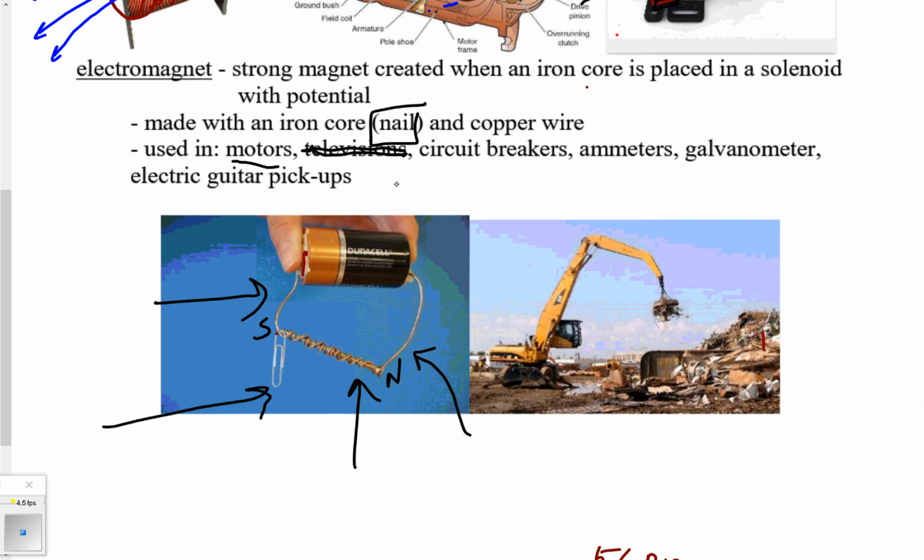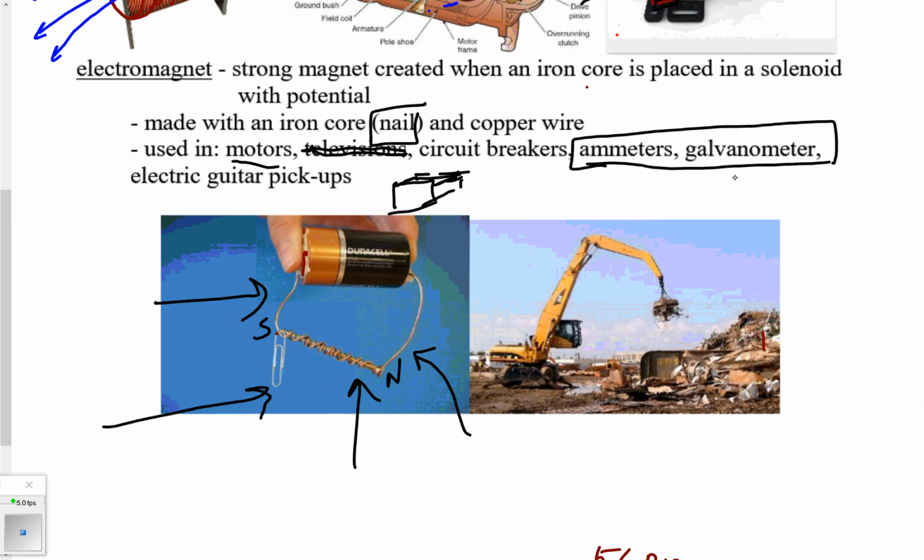Televisions that used electromagnets, as we talked about in the other videos, were the old CRT, cathode ray tube devices, the big thick monitors. They used electromagnets in their production. Circuit breakers, and we'll talk about circuit breakers a little more in this video series. Ammeters, and most people know what an ammeter is, especially if you've heard me teach about electricity. A galvanometer is a little bit of a different device.